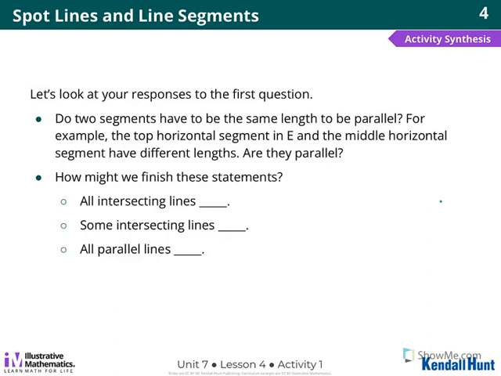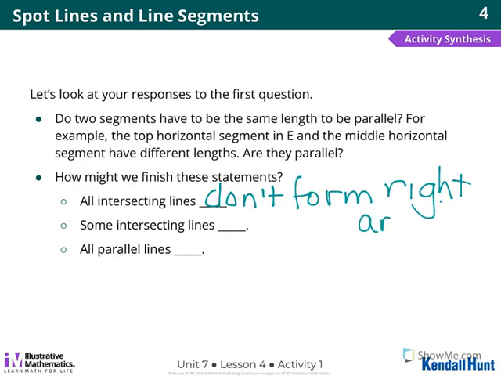So how might we finish these sentences? All intersecting lines, some intersecting lines, all parallel lines. Jace. All intersecting lines don't form right angles. Ooh, don't form right angles.